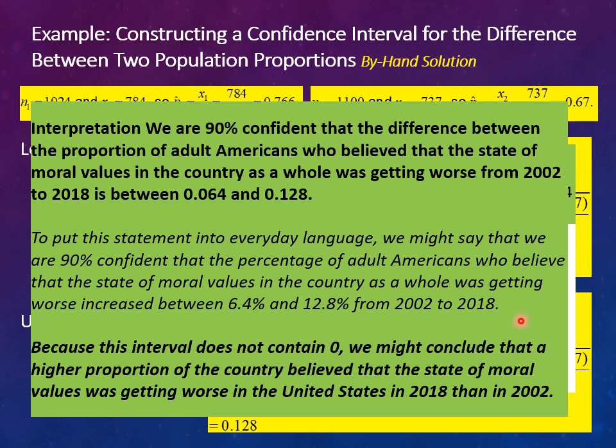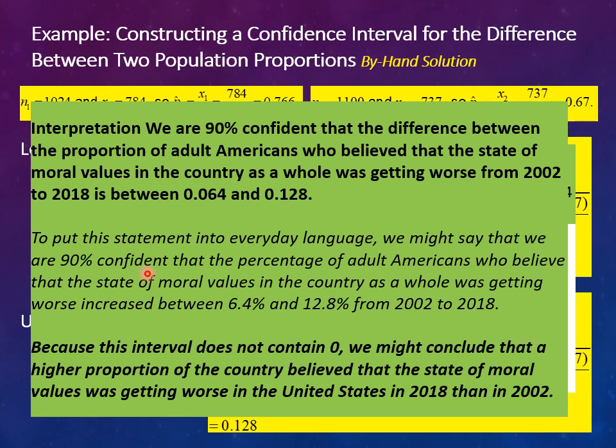If we put this in everyday language, we might say that we are 90% confident that the percentage of adult Americans who believe that the state of moral values in the country as a whole was getting worse increased between 6.4% and 12.8% from 2002 to 2018.